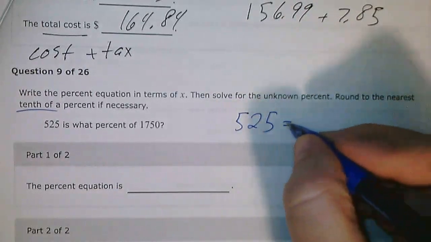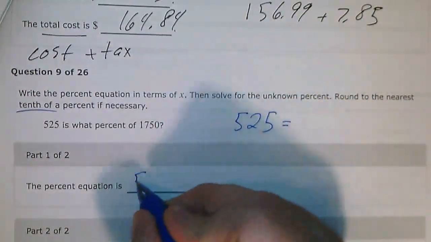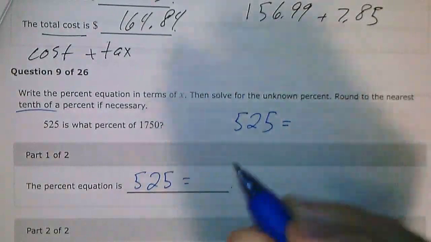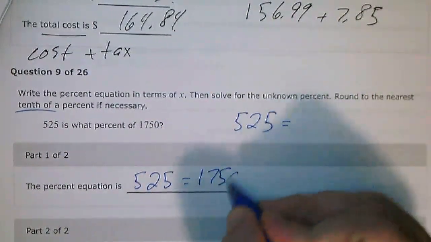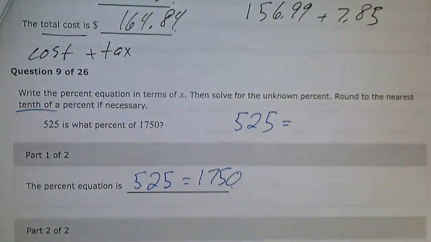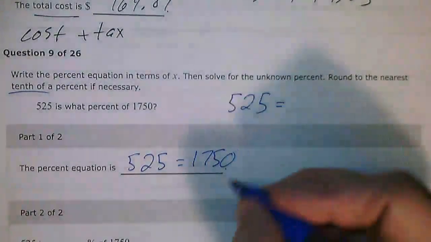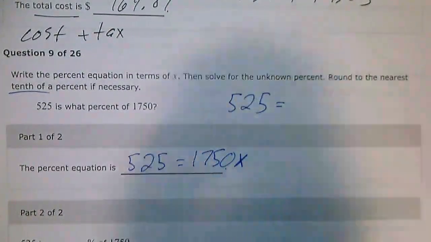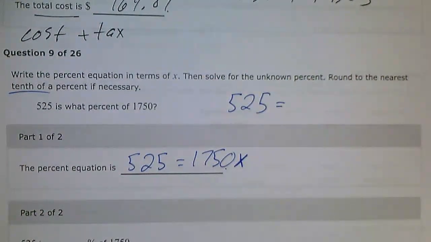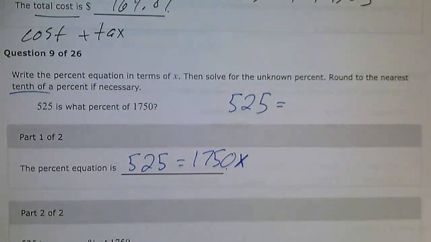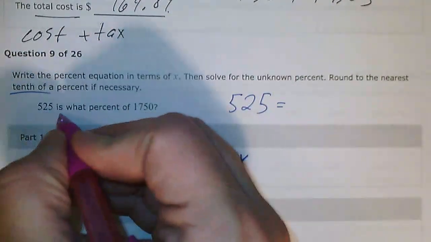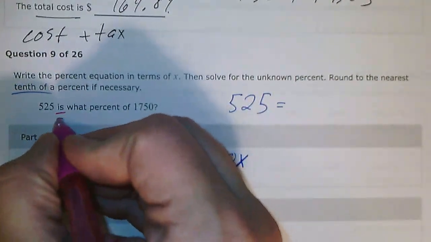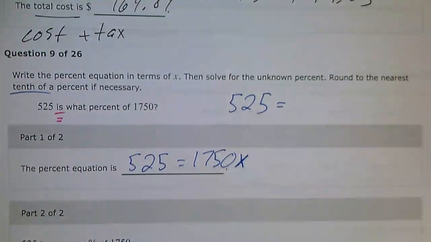This is our percent equation. We don't know what the percent is yet, so that is an unknown quantity of x. But when we create an equation from a sentence, whenever you see is, that's your equal sign.